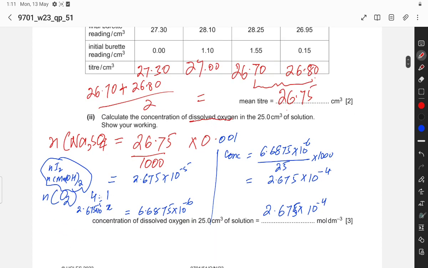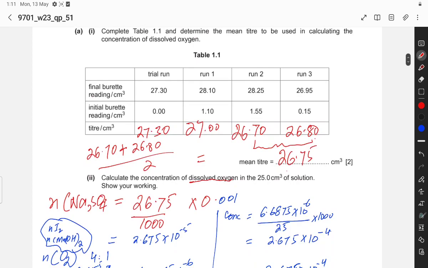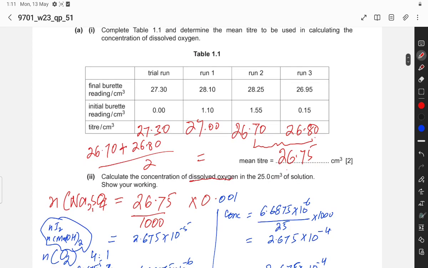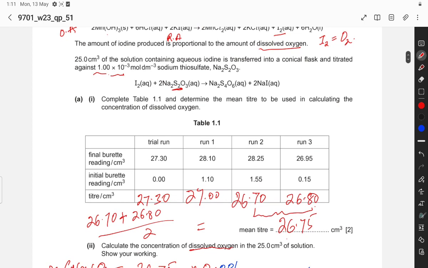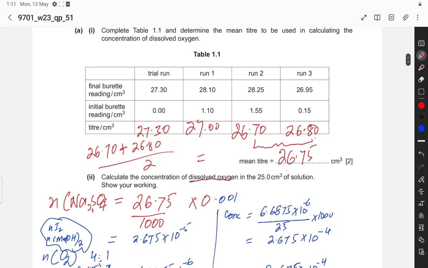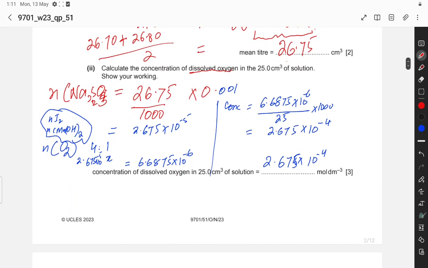So the moles of Na2S2O3 is 2.675 × 10^-5.